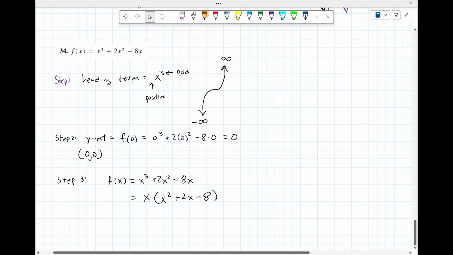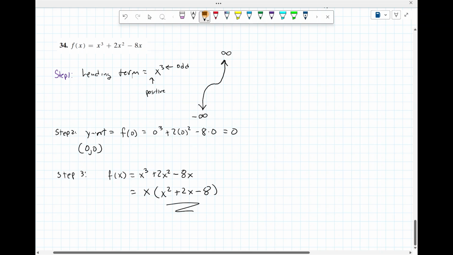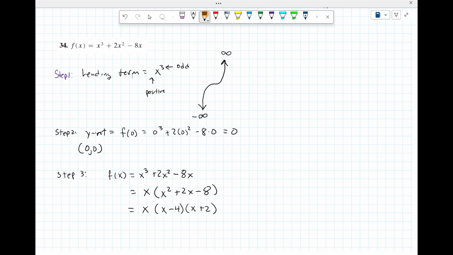All right, now I'm going to see if I can factor x squared plus 2x minus 8. Can I think of two numbers that multiply to get -8 and add to get +2? I actually can. That would be -4 and +2. And so this factors to this, and now I have my polynomial in factored form.